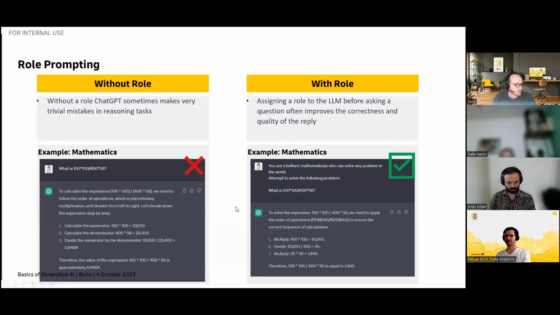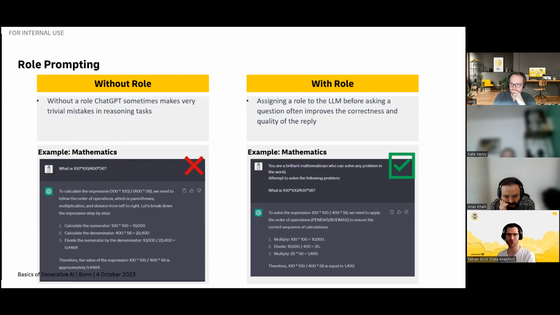Then there are some particularities it's helpful to know about. One is that you can do role prompting. That means instead of directly asking the question, you can tell ChatGPT in what role it should behave. And this is just a mathematics question. It is better if you tell it you're a brilliant mathematician, and then it is doing it right.